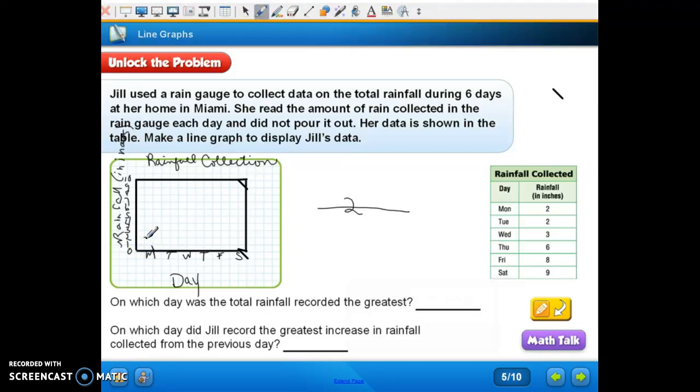Okay. And what was our rainfall on Tuesday? 2 inches. I got the Monday dot in the wrong spot. Should be over here. And then Tuesday was 2 inches. And then what happened? Wednesday is 3 inches. Thursday is 6 inches.